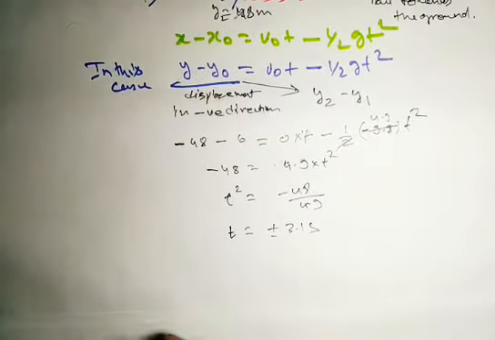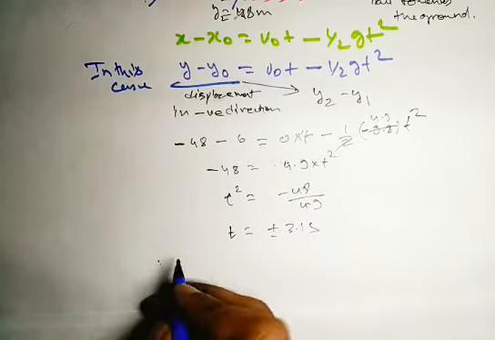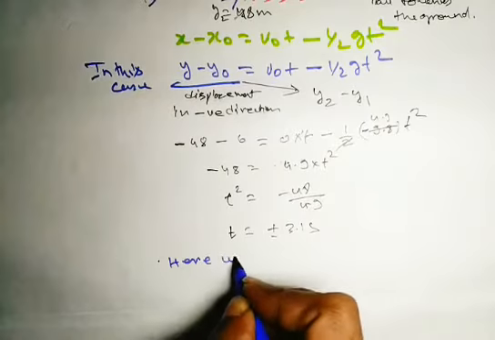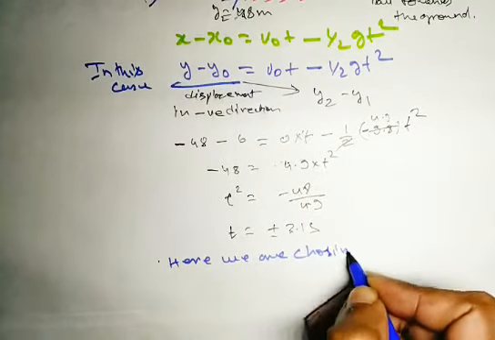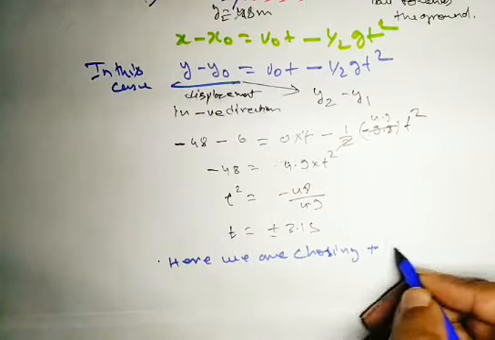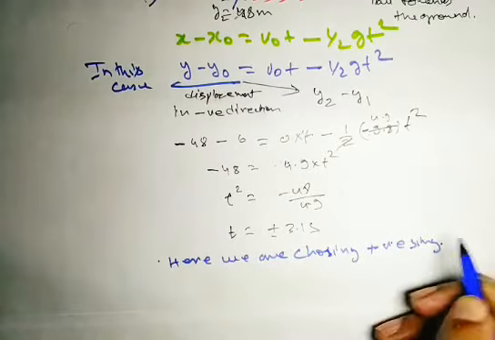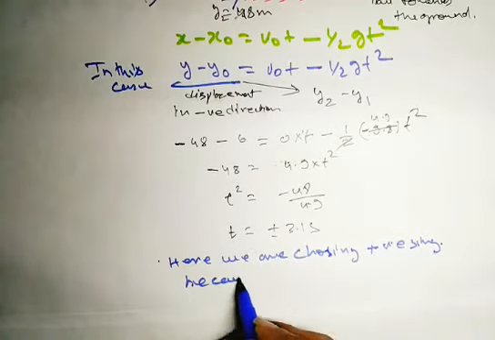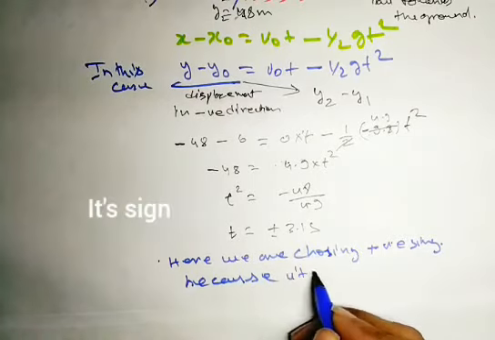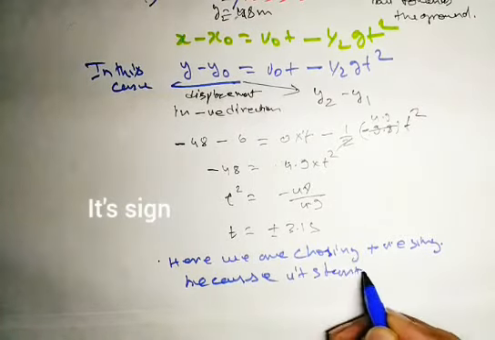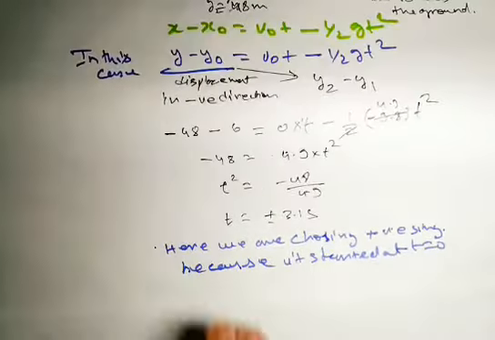Here we are choosing the positive sign because it started at t equal to 0.